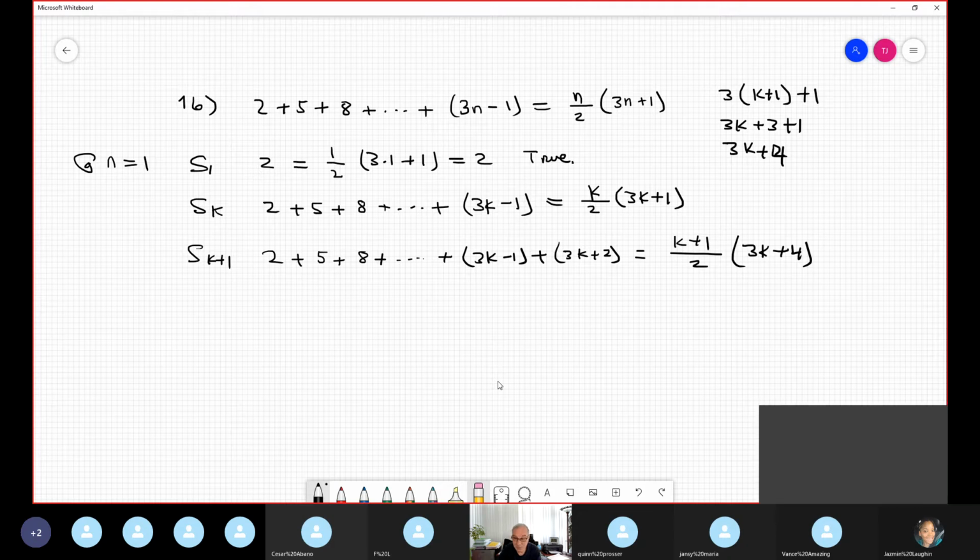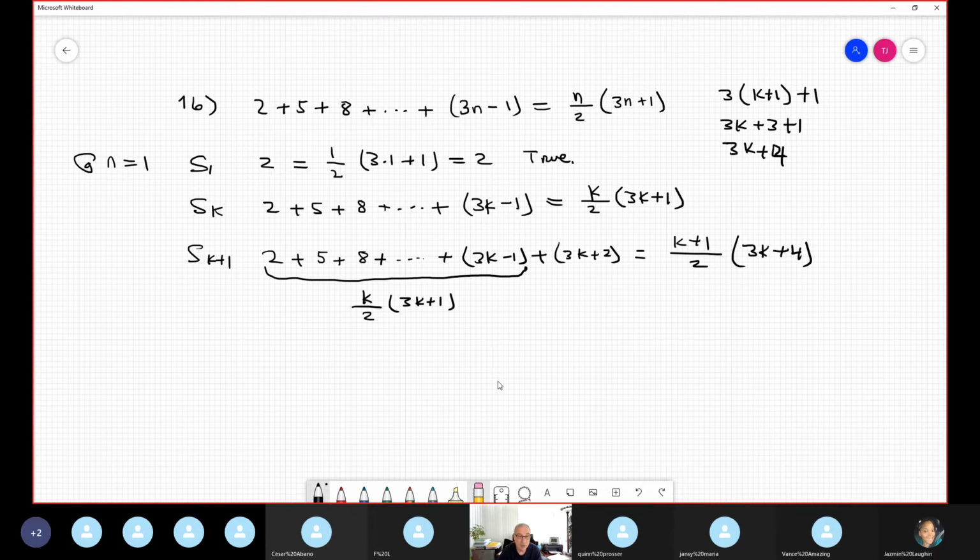So I assume that this is true, therefore it's equivalent to say k over 2 times (3k plus 1). So I copy down 3k plus 1 plus 3k plus 2.